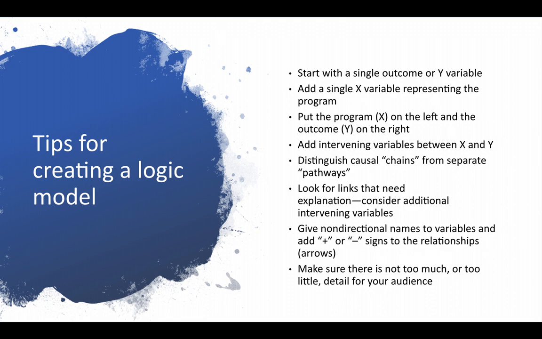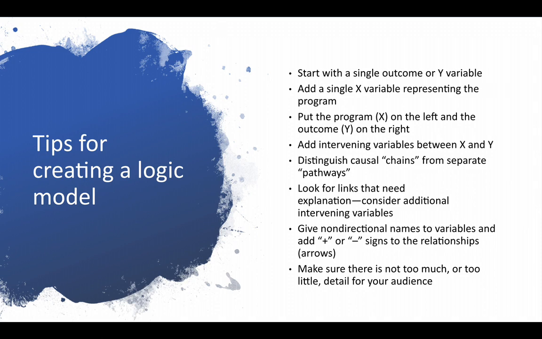All right, so finally, let me give you some tips for creating a logic model. Let's start with a single outcome, your dependent variable, your Y. And then you focus on a single independent variable, which is your X, representing a factor that you are interested in. Then you put X on the left and Y on the right, or vice versa.